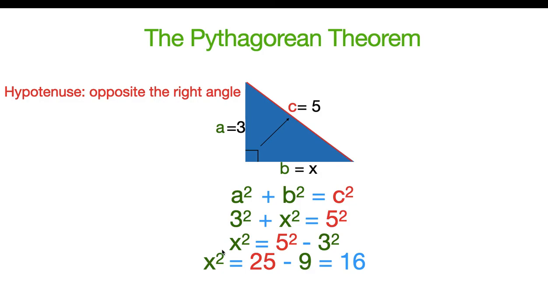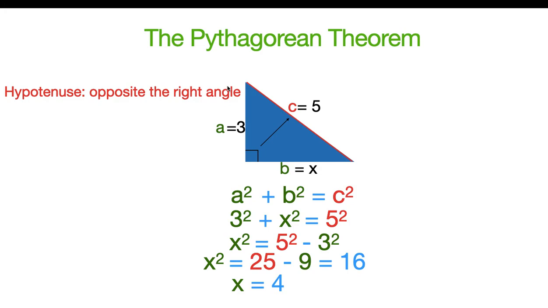And we still have x squared. To remove that square term, we can take the square root of both sides. So the square root of 16 would be 4, so x equals 4. So we know b would be 4. So now we know that this right triangle is a 3, 4, 5 right triangle.